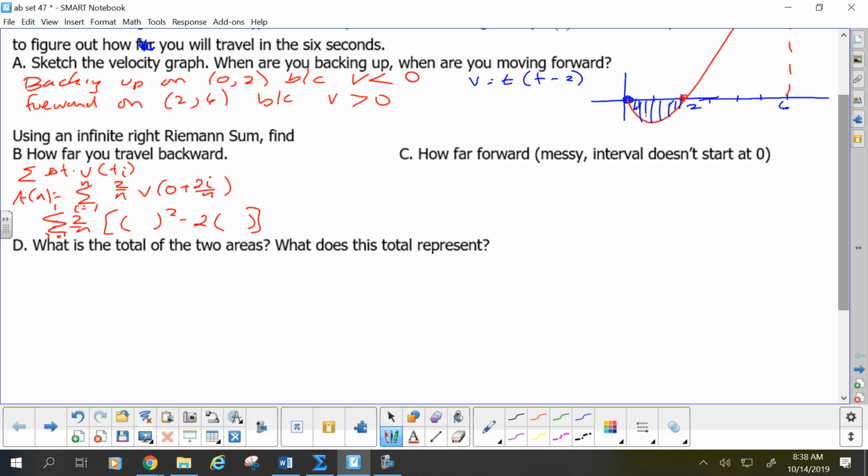I mean, I did the entire problem. It's 2 over n. Okay, how's it going? Okay. I know exactly what I'm still not getting the right answer.